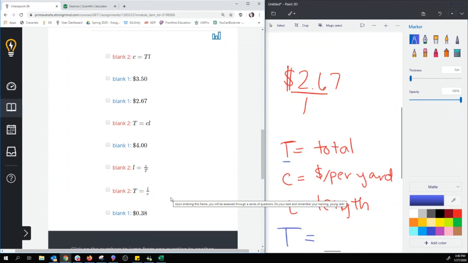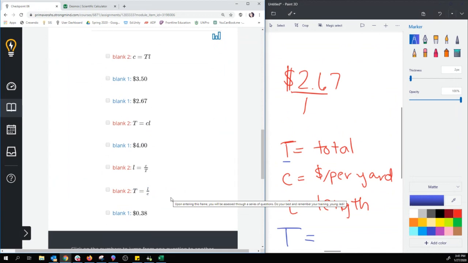So here, if I am paying $2.67 per yard of fabric and I buy 5 yards of fabric, would I want to multiply or divide to get how much total money I'm spending? Think about it. When you are dividing numbers, your final answer will get smaller.